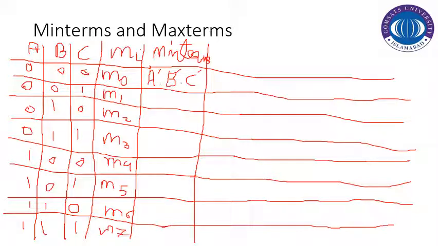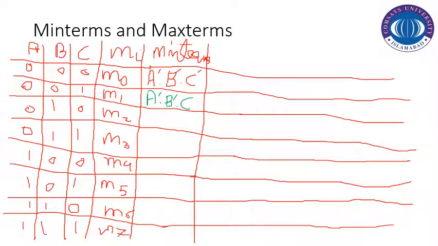Now for the second combination, it's 0, 0, 1. So A should be in a complemented notation, A prime dot B prime, but C is 1, so C should be represented in the original notation. So it's A prime dot B prime dot C. Now if you take the product, it will contribute 1 to the output basically.